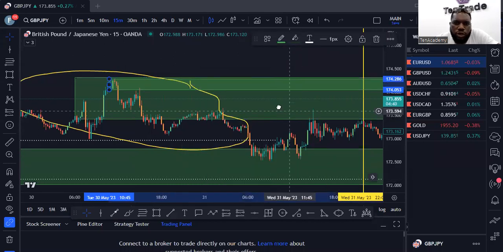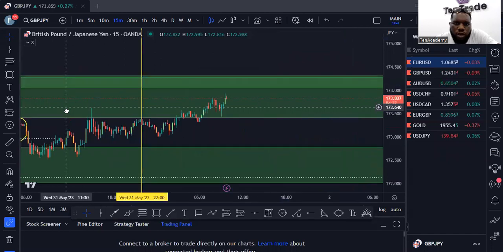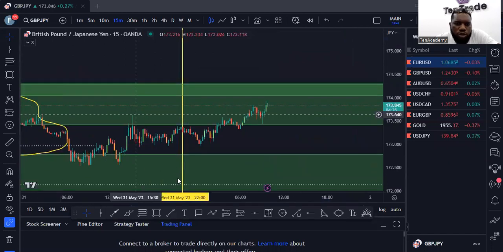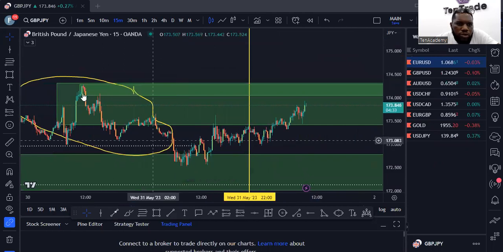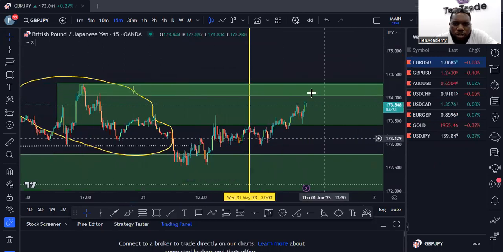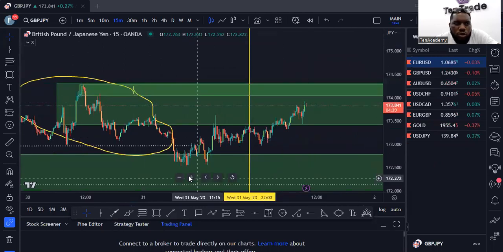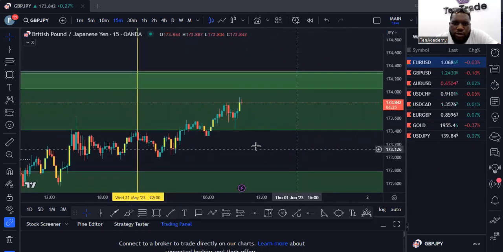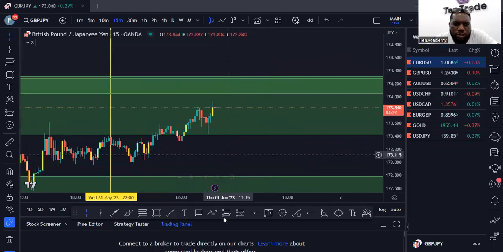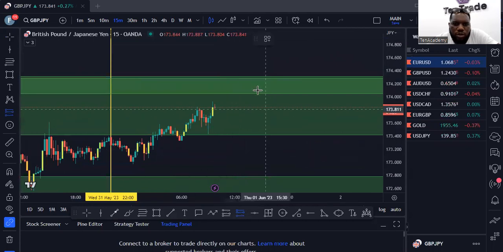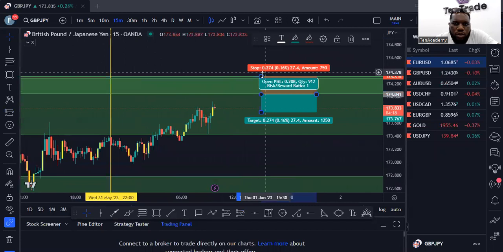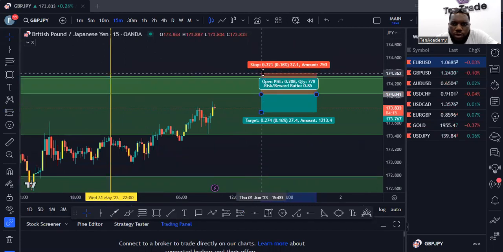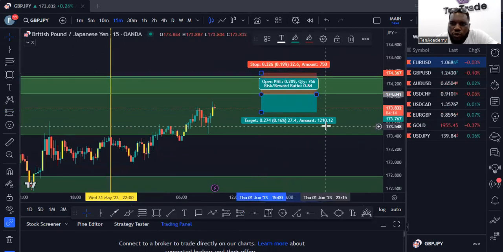That's a zone where you can look for entries. So, Mr. Olamide, this zone has not been properly mitigated yet. So on GBP JPY, you can place a sell limit at 174041.